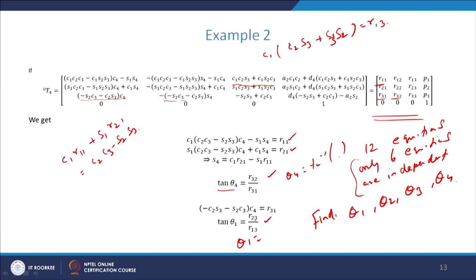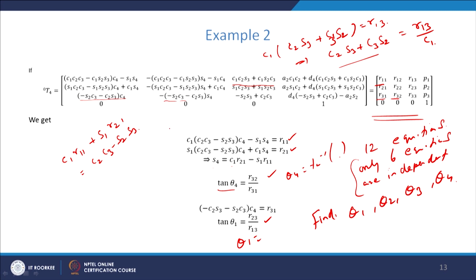So, once we obtain theta 1 and theta 4, from R13 we can obtain C1 multiplied by C2 S3 plus S2 C3 equal to R13. That gives C2 S3 plus C3 S2 equal to R13 by cos theta 1. So, the right hand side is known, and we can obtain the left hand side from this number.